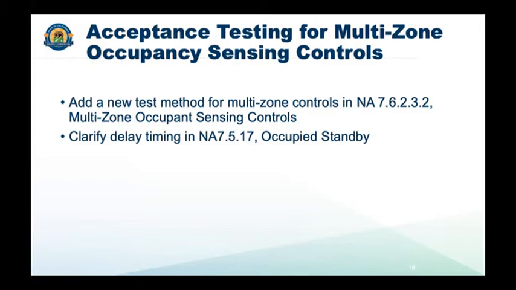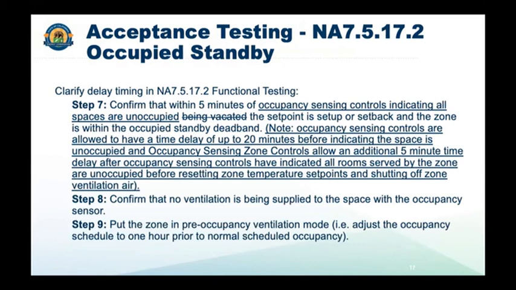And the next two slides will show the acceptance test for space conditioning system. The change to the acceptance test in NA 7.5.17.2 is to clarify the response time. And the test is also to verify the occupy standby mode, the ventilation before and after the scheduled occupy periods.